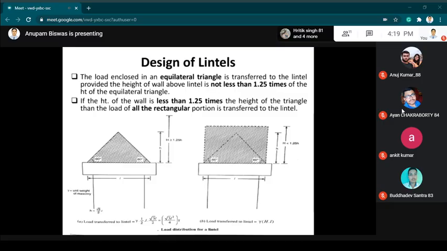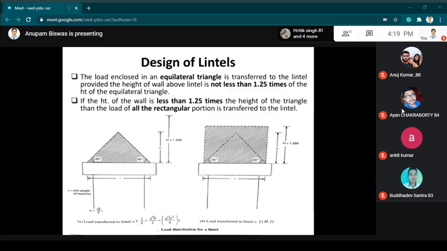See the hatched area, it means the total masonry wall load is coming onto the lintel. Okay, so this is a very important condition that you must remember for the design of the lintel.